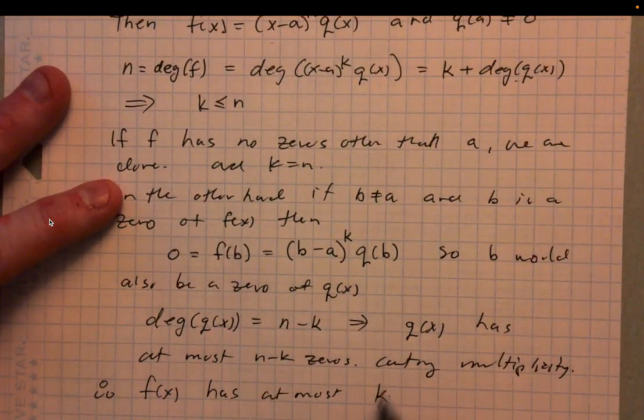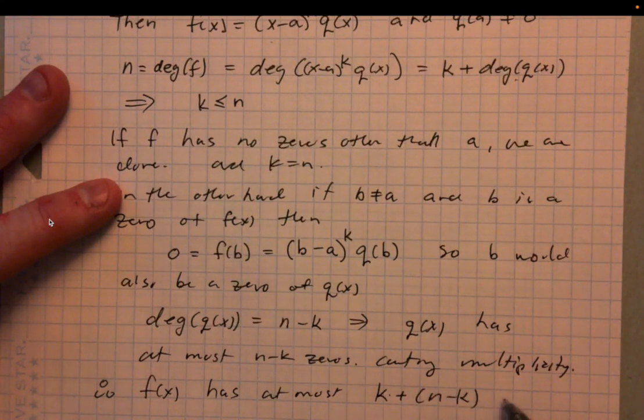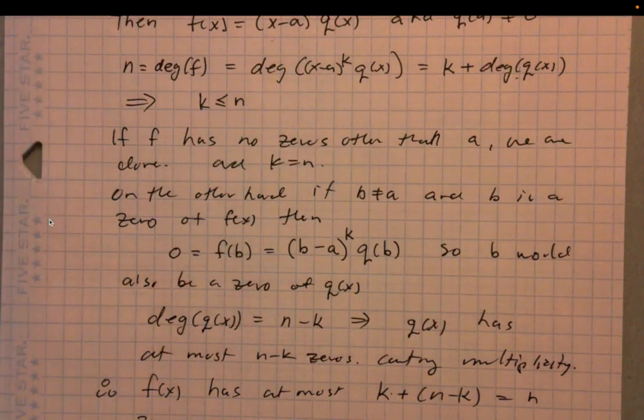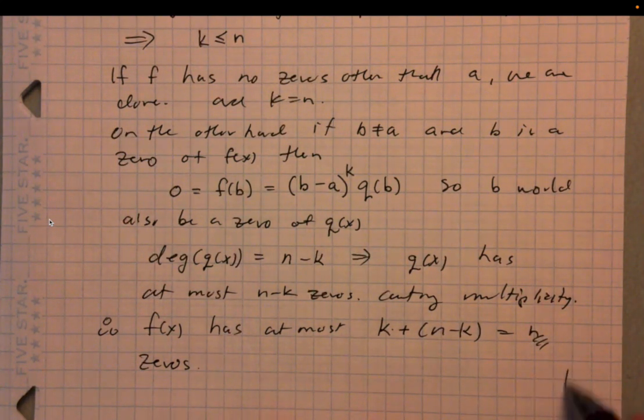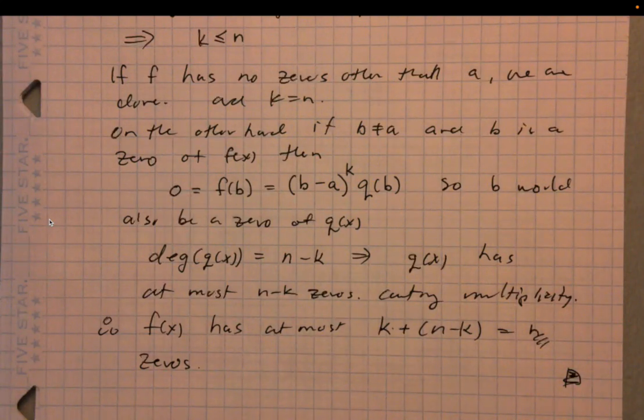So f of x has at most k plus n minus k equal to n zeros. All right. And so that's what we were out to show, right? That if f of x is a polynomial of degree n, then it has at most n zeros. Okay.